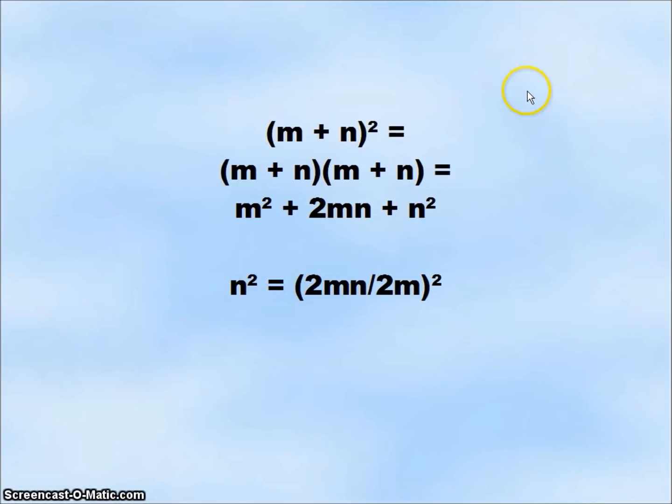Completing the square, what we want to do is end up with something that looks like this. And you'll remember that this is simply this, which when multiplied out gives us this. Now this seems a bit complicated, but you'll bear with me, I hope.